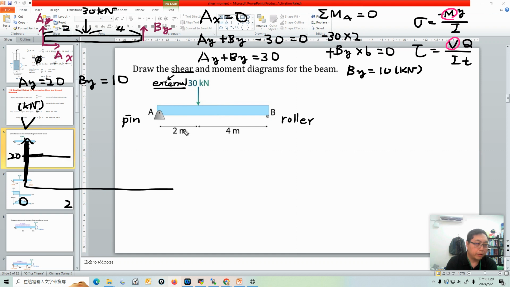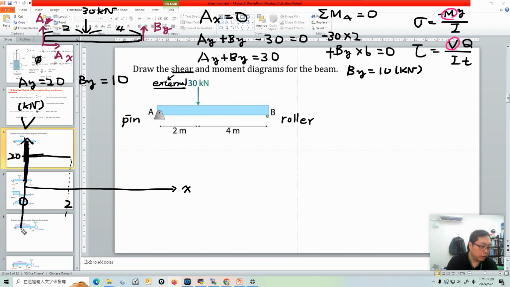But at this position, I may call this x, x equal to 2, there's a 30 kilonewton point load down. So here is 20, and the 30 kilonewton point load down makes your shear force go from 20 minus 30.